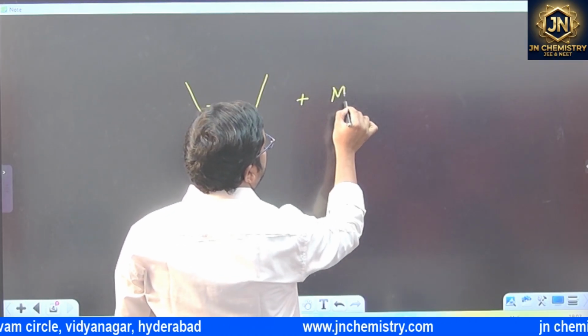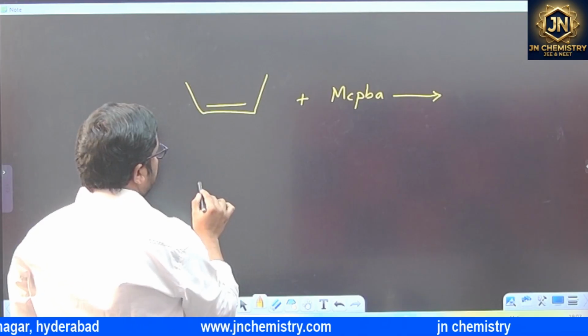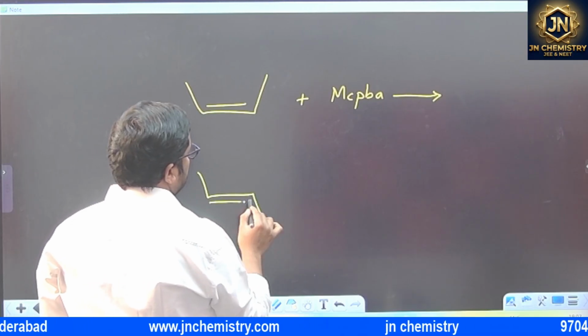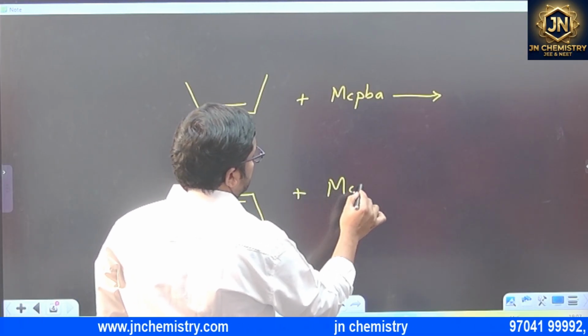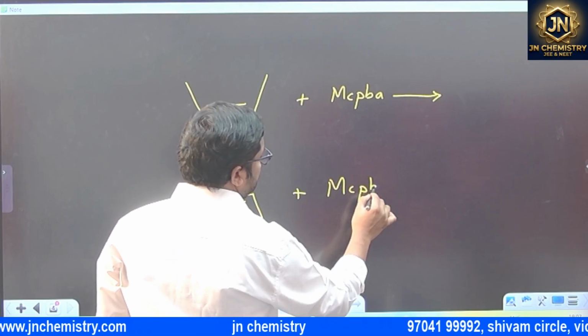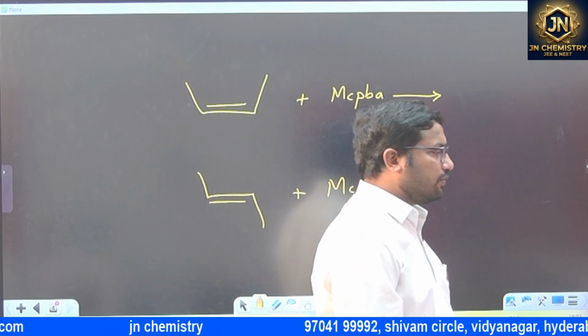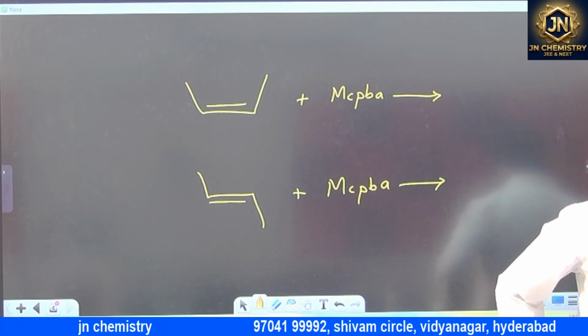They'll give MCPBA. Come on, write the products. Same like RC triple bond, anti-addition. Come on, write it down.